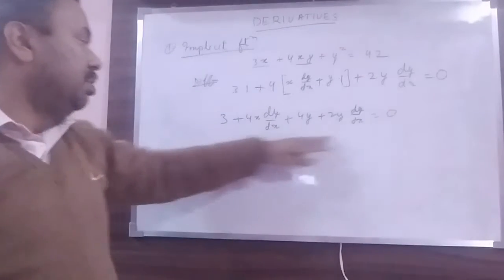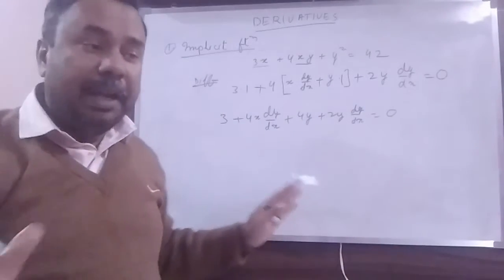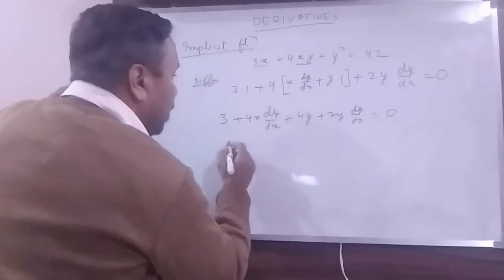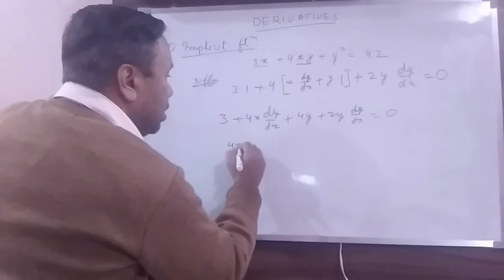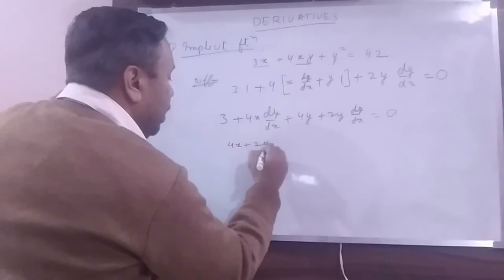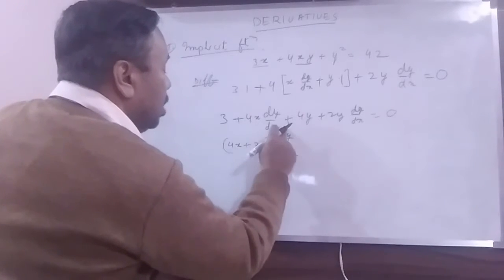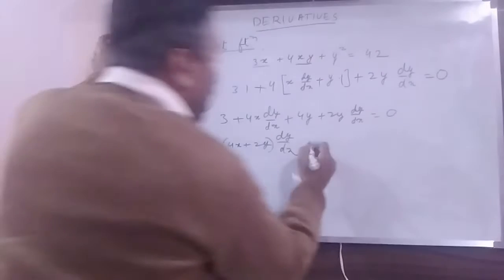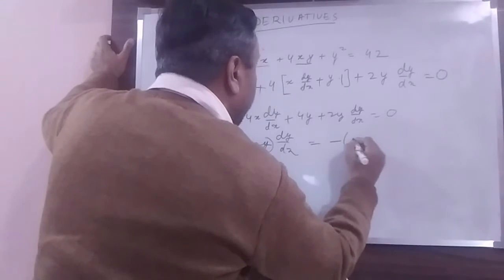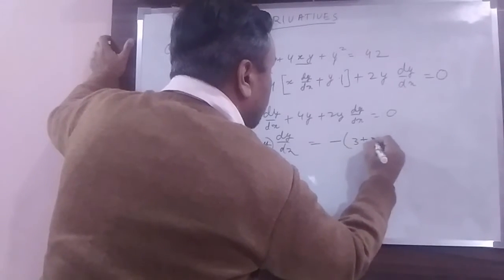For these terms, now just rearranging and simplifying. What I get is 4x plus 2y multiplied by dy by dx from these terms, and the remaining terms I will transfer to the other side, that is minus 3 plus 2y.